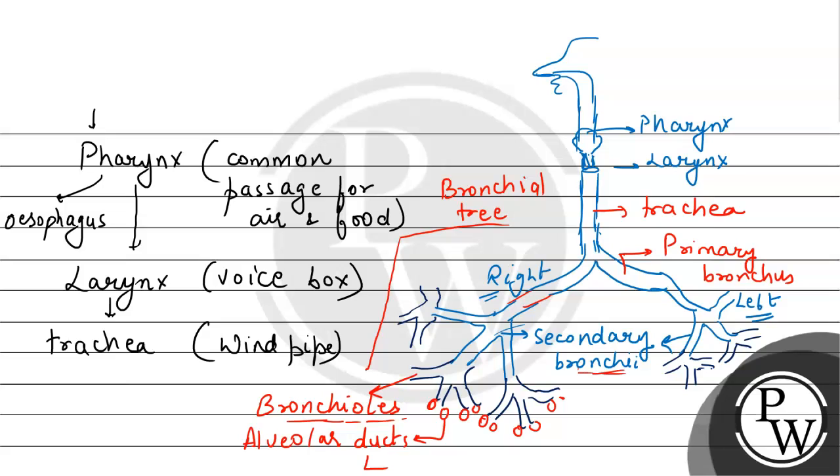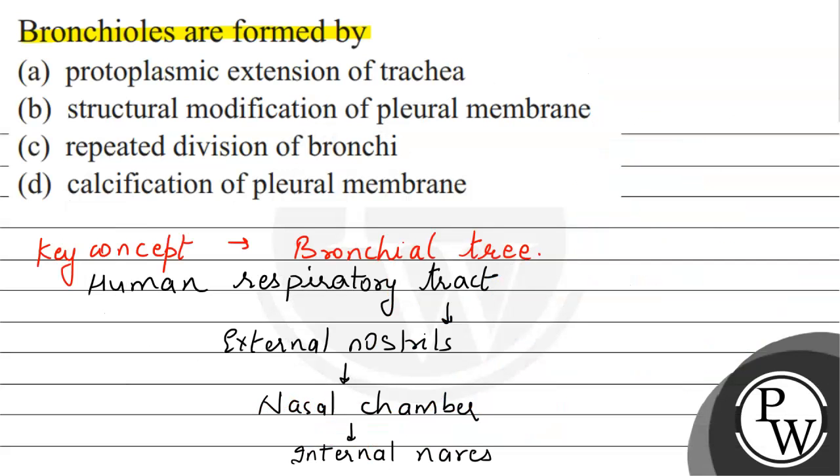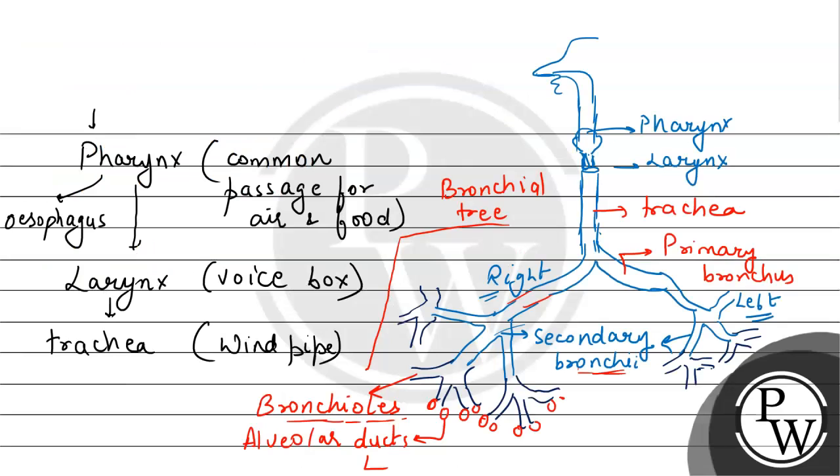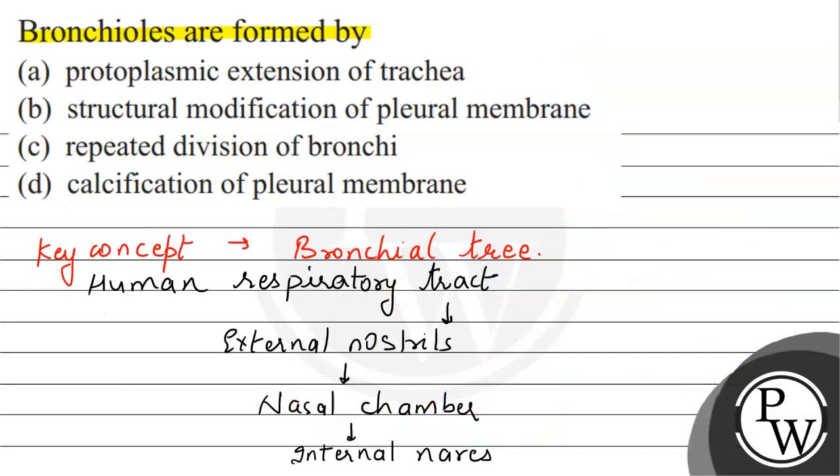So this is what the question is asking us. In the options, the first says bronchioles are formed by protoplasmic extension of trachea. No, because the trachea first divides into the primary bronchus, but here we have been asked about the bronchioles, so this is not the correct option.